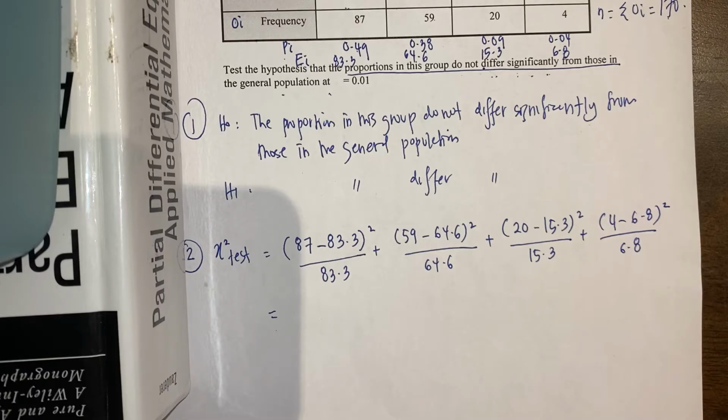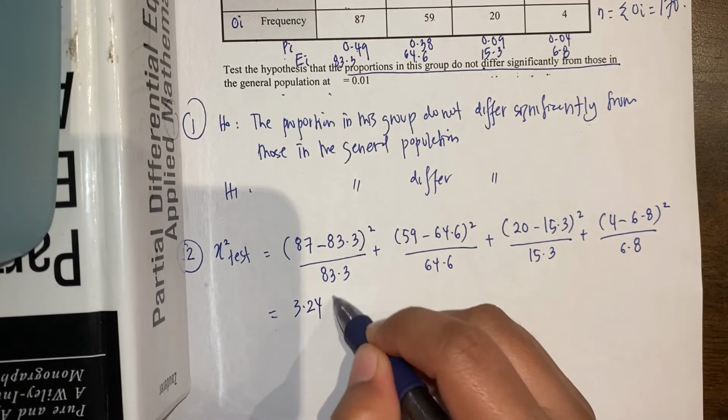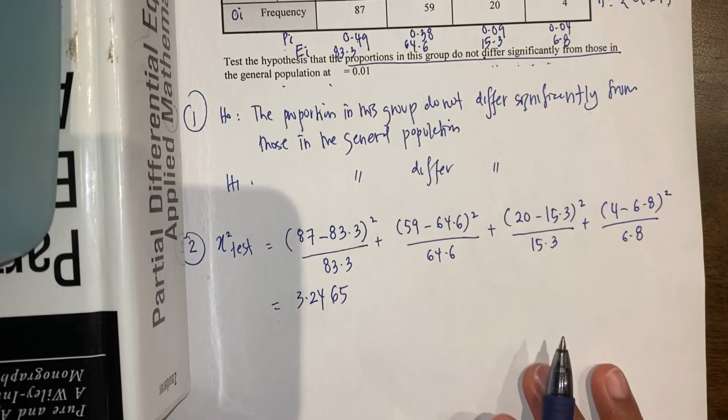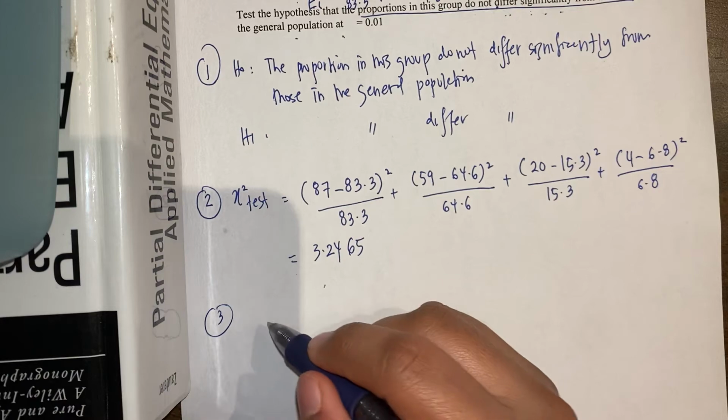Now we check the answer. No need to show how to calculate that one. You know how to calculate, so you should get 3.2465.